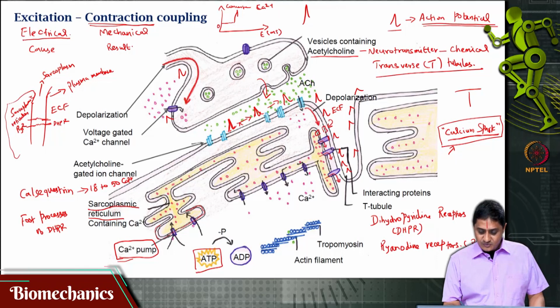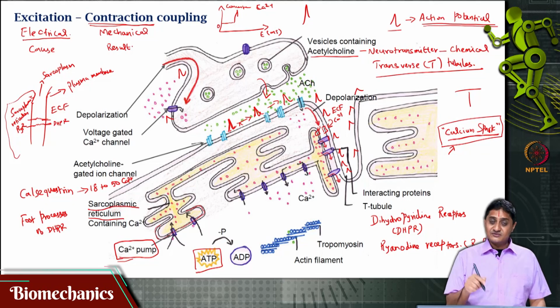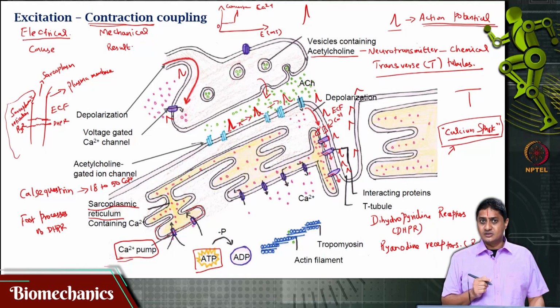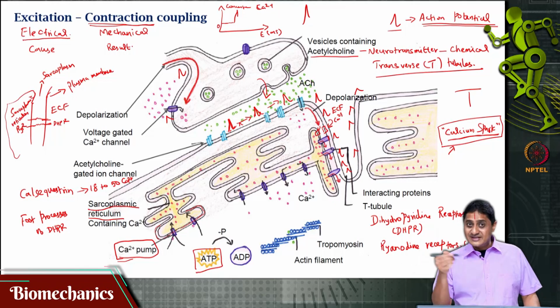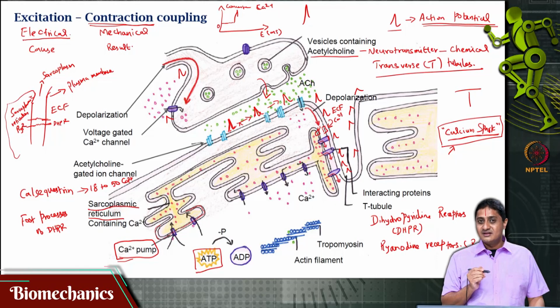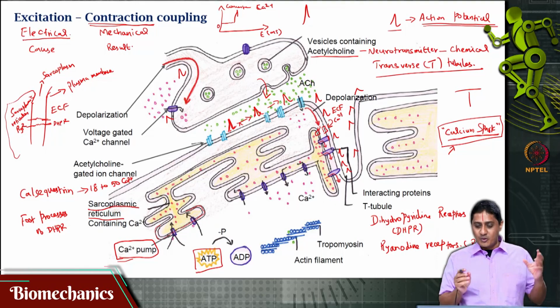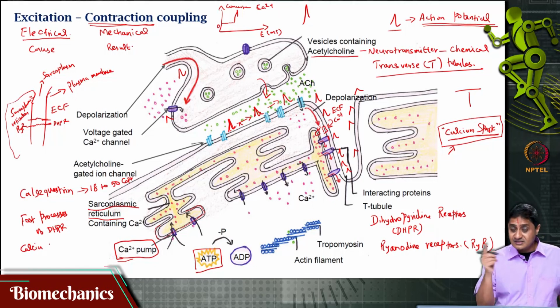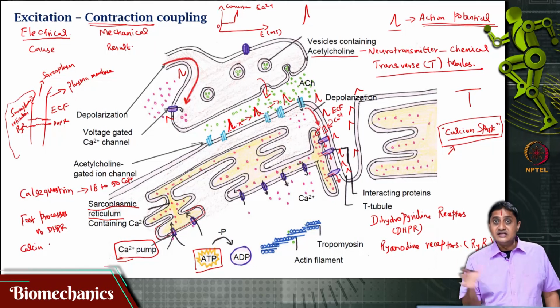So, there are two channels, one here and one on the sarcoplasmic reticulum, through which calcium enters, and calcium sensitive channels are also present on the sarcoplasmic reticulum that detect the presence of calcium outside the sarcoplasmic reticulum, or in the sarcoplasm. So, whenever calcium comes from outside the cell to inside the cell through these L-type calcium channels, the sarcoplasmic reticulum detects it and opens, and when that sarcoplasmic reticulum channel opens, it releases a lot of calcium.